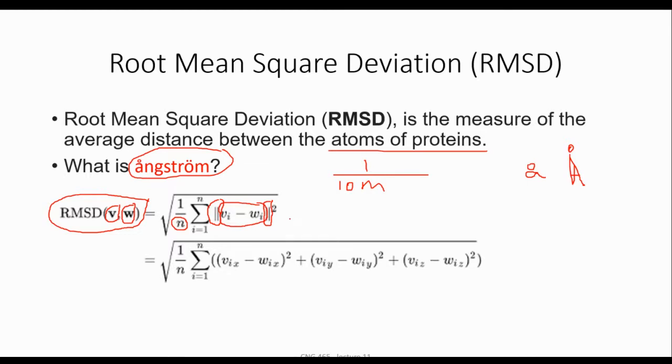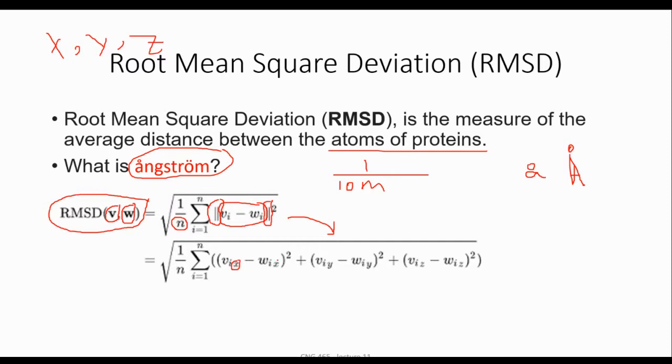In order to convert it to element-by-element form, we consider each one of these atoms inside this protein as three-dimensional. It means that each one of them has X, Y, and Z.